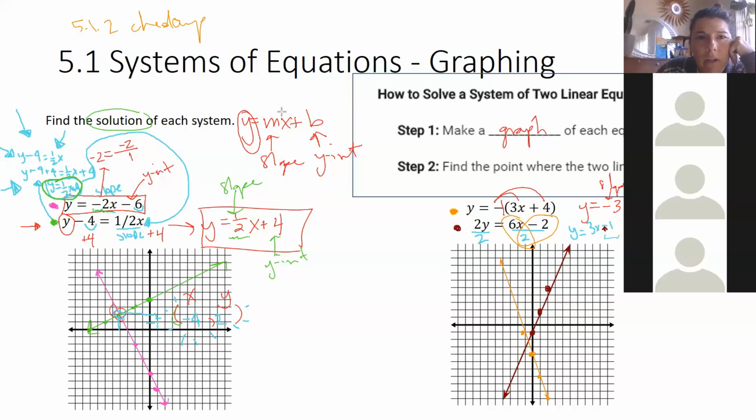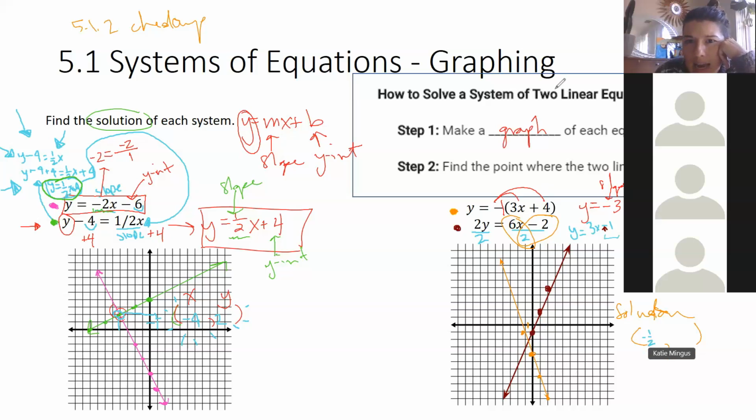Okay, let's estimate in this case where our solution is. So let's see, our x coordinate, it looks like that x coordinate is halfway in between. Yep, 1 and 2, I agree.